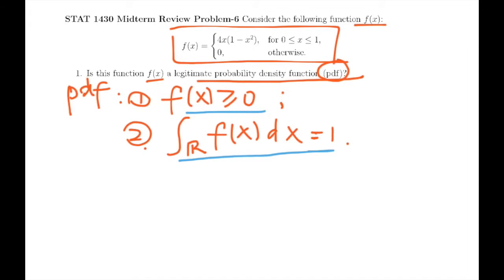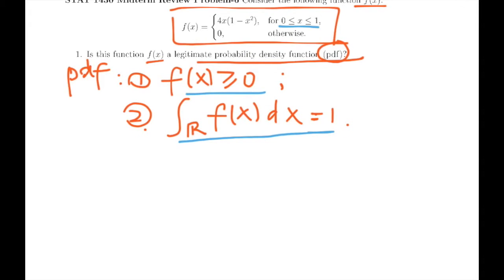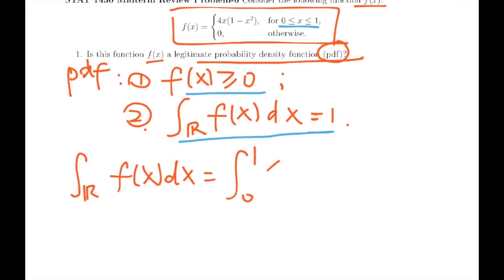So we will have to integrate this function f on the real line. Because it only has non-trivial function value on the interval from 0 to 1, we only need to care about x from 0 to 1. So that means the integral over the real line of f(x) dx equals the integration from 0 to 1, and then we plug in the actual function on this interval.